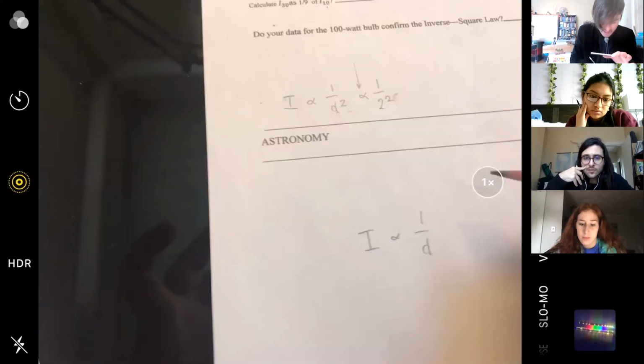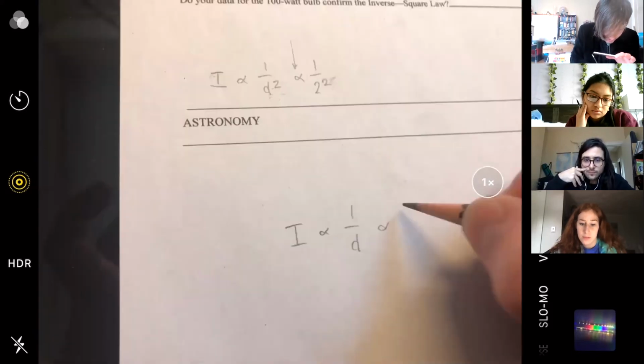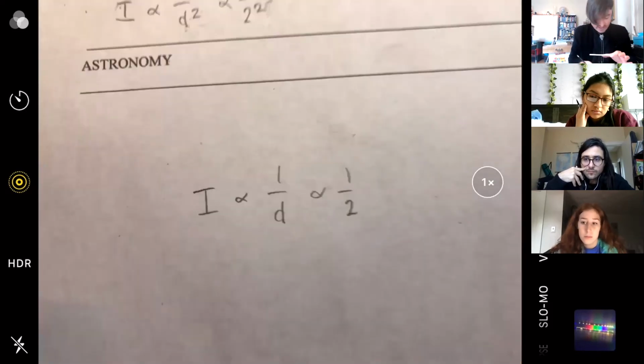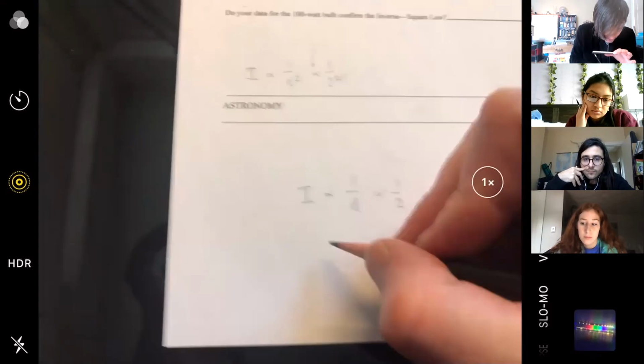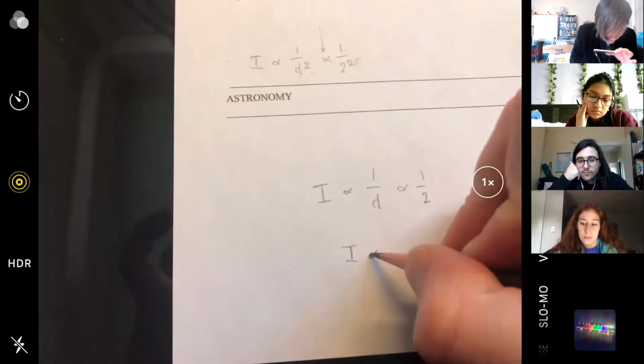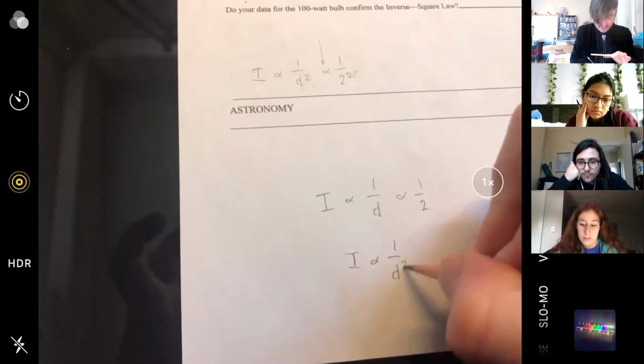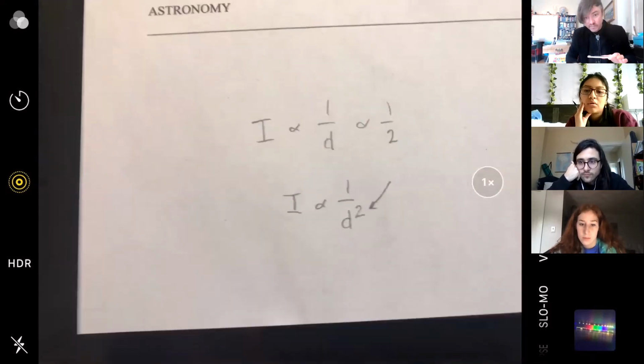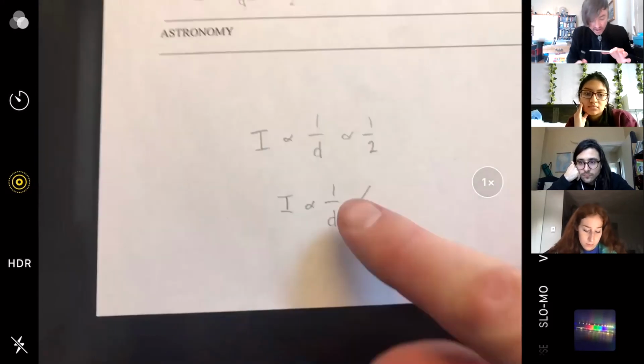Look, if the intensity was inversely proportional to the distance, then if you doubled the distance, the intensity would drop by 1/2. The whole point of this lab is that the intensity drops off as the inverse square of the distance, where that square is a big deal. The whole point of this lab is that square.